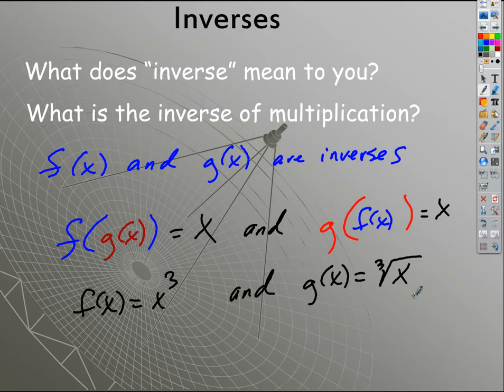Instead of an x being cubed, I'm cubing the cube root of x. And what does that do? A cube root cubed undoes the cube root, doesn't it? And I just get back x. And then if I flip that around and do g of f of x, it would be the cube root of x cubed, which is also x.